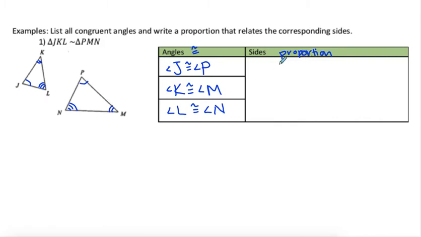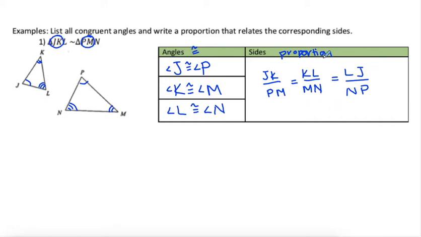The sides are proportional. So if I look at 2 letters here, J to K, it has to go with 2 letters over here, P to M. And it's proportional to the next 2 letters, K to L, and the next 2 letters, M to N, which would lead us to the 3rd letter, L to J, for this 3rd side, and N to P, matching up those 3rd sides.